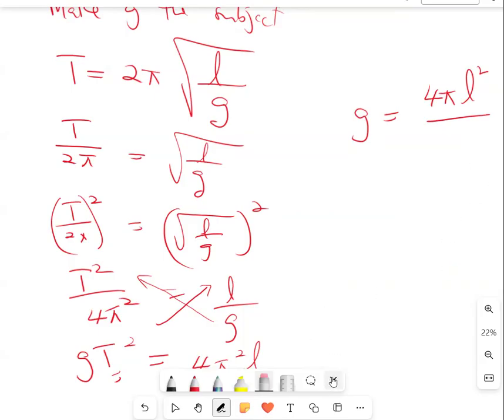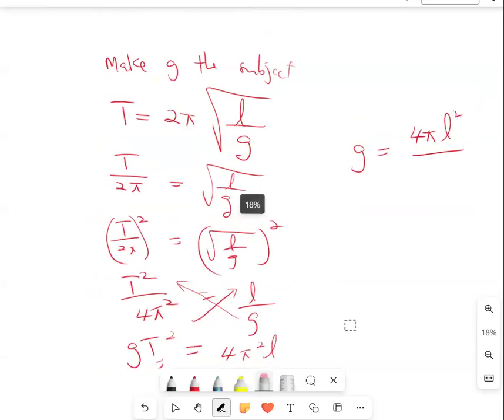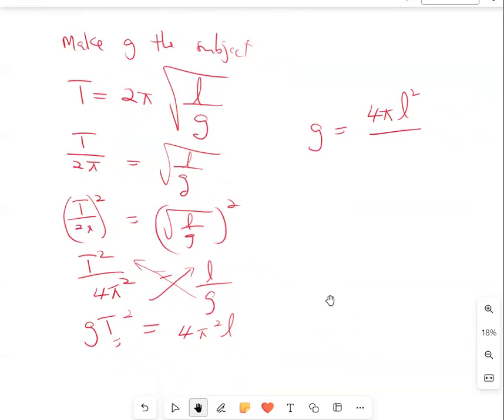Wait, let me go back from here. Yeah, so 4 pi squared L. Why did I have L squared? All of this is wrong.